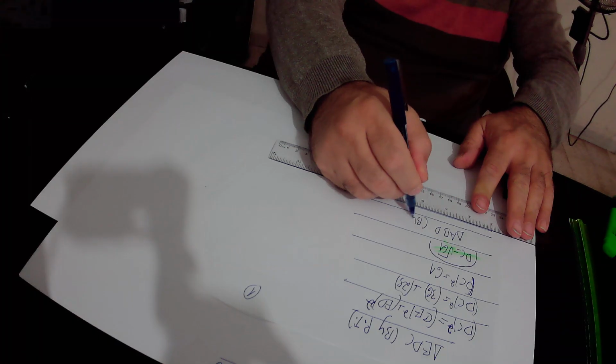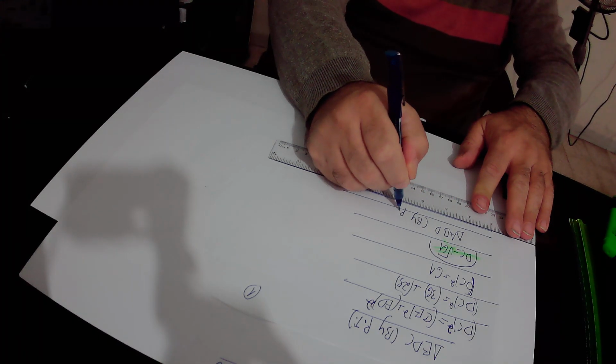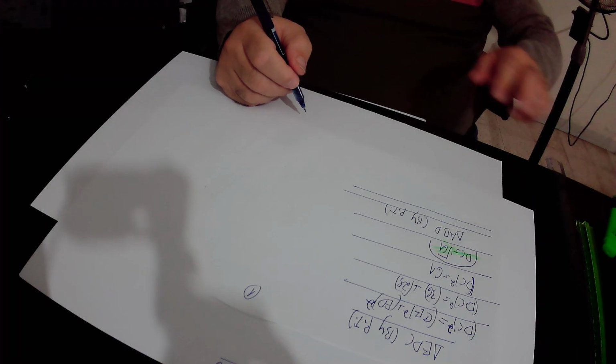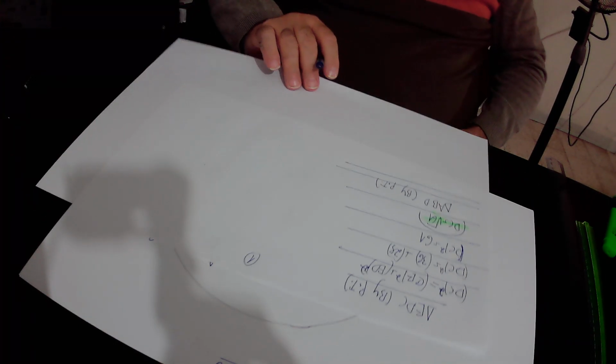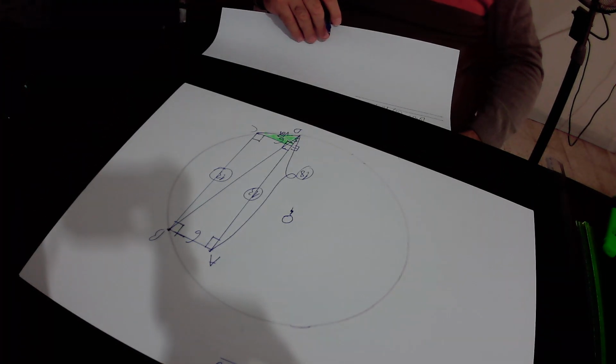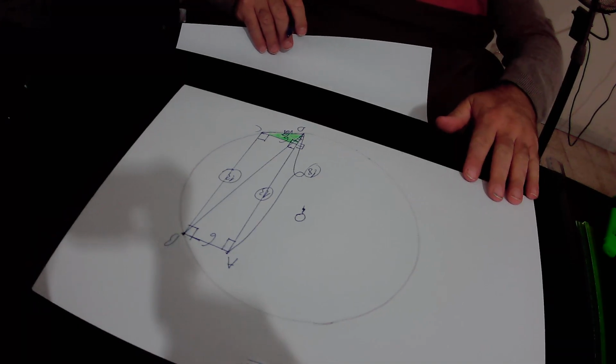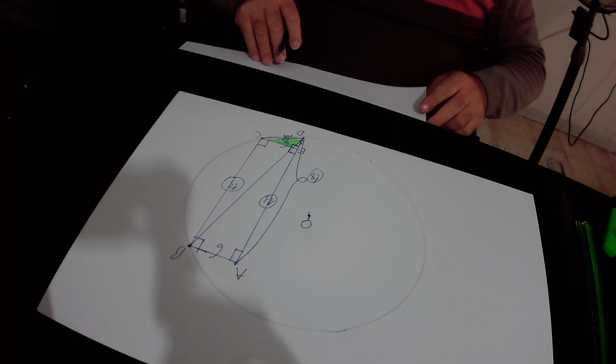Again, PT is an abbreviation for Pythagoras theorem. According to the Pythagoras theorem, the square of the hypotenuse equals the sum of the squares of the perpendiculars.